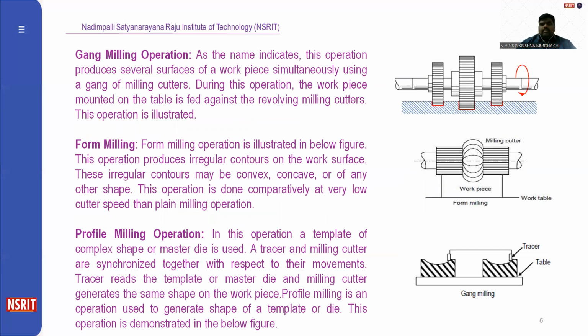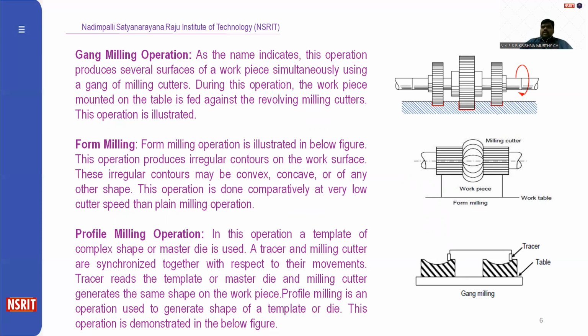Next is form milling. Here the workpiece is held with respect to the milling cutter, which consists of irregular contours, and is used to produce a convex or concave shape. This is done at a comparatively lower cutter speed than the plain milling operation. And the next is profile milling. The name itself means a particular desired shape.